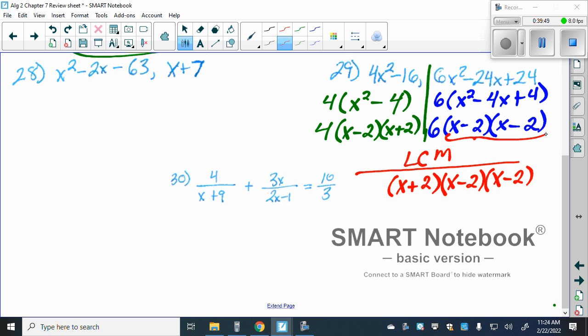Because for the one in blue, x minus 2 showed up how many times? Twice. The x plus 2 only showed up once. Since it only showed up once here, we only need it once. Even though the x minus 2 showed up once here, it showed up how many times over here? Twice, so we need it twice.